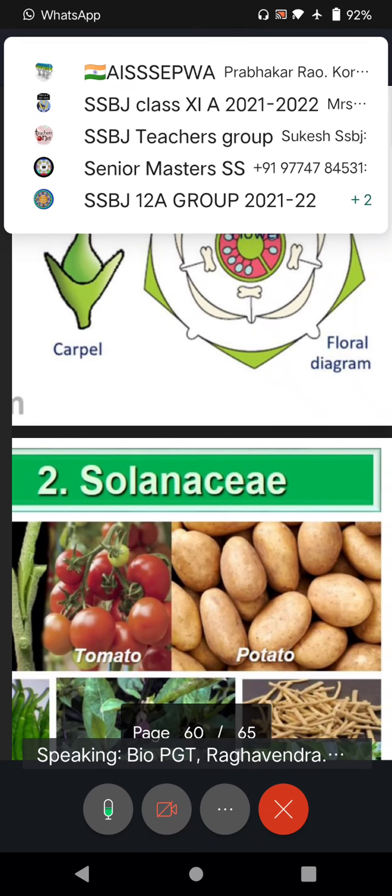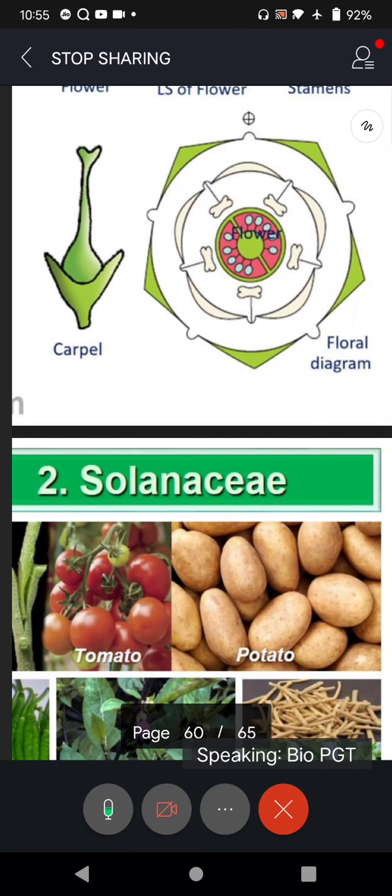Next, green colors you are seeing. What are those green colored ones? Sepals. Are they joined? Yes. See, we are joining one sepal with another. And what is the technical word we use, Naveen, if sepals are joined together?